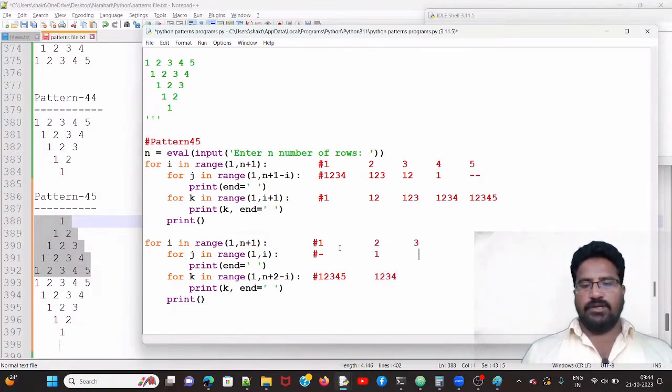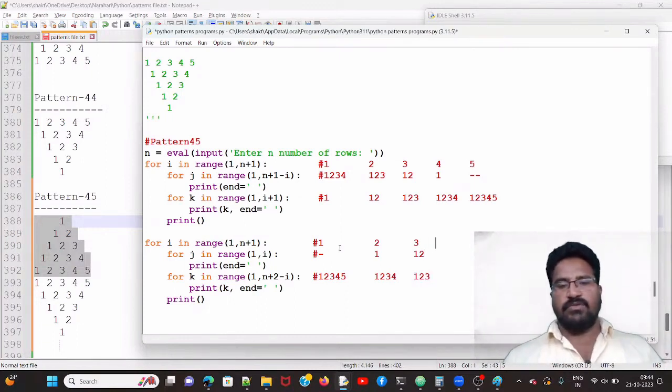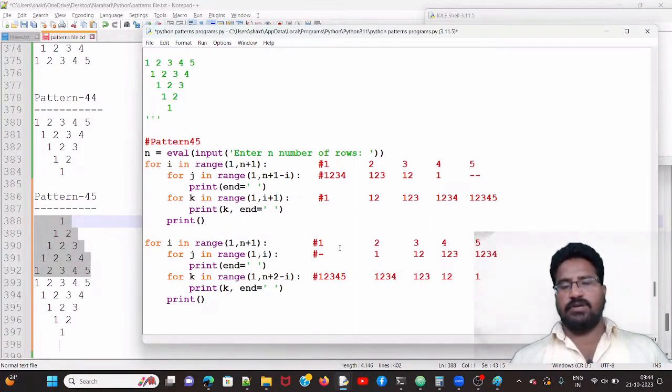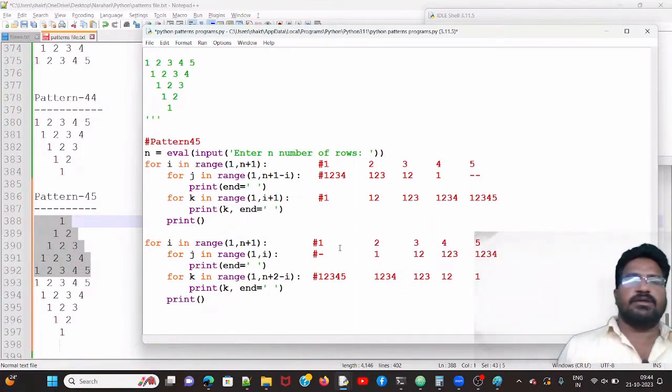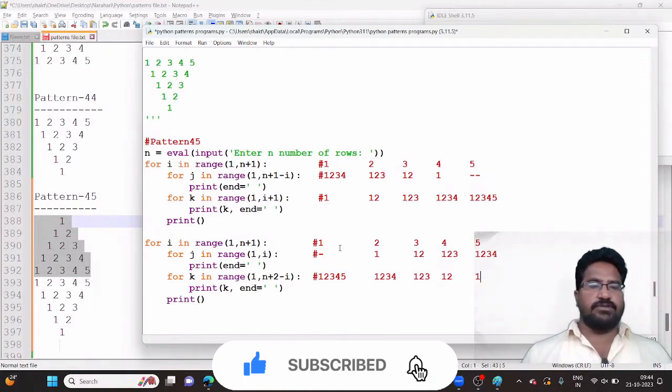When i is 3, j iterates 2 times, and k iterates 3 times. When i is 4, j iterates 3 times, and k iterates 2 times. When i is 5, j iterates 4 times, and k iterates 1 time. That's all. This is a combination of those two programs.